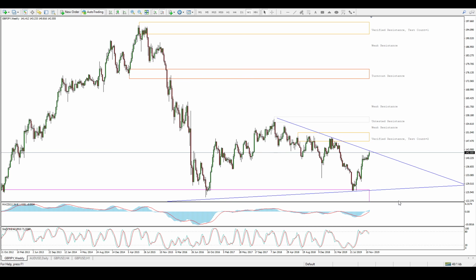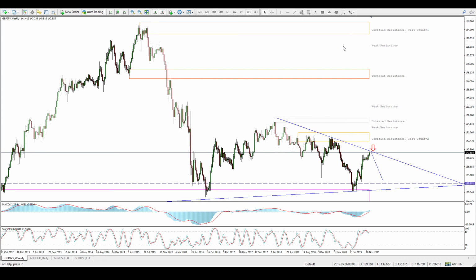So realistically, a good trade for me would be I sell here, something like this, and probably take profit around there. That's good.